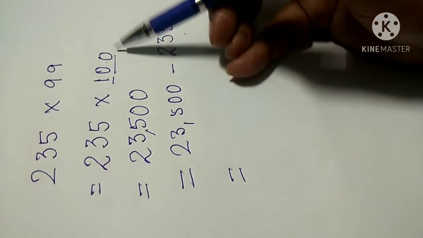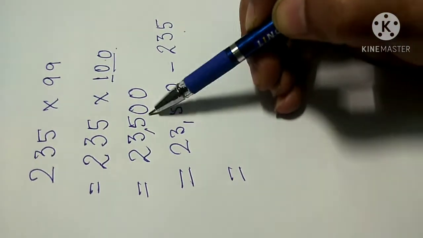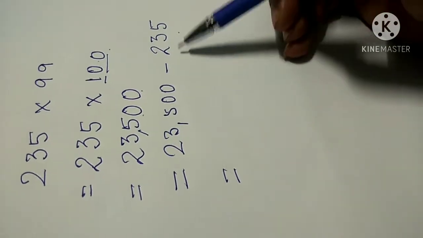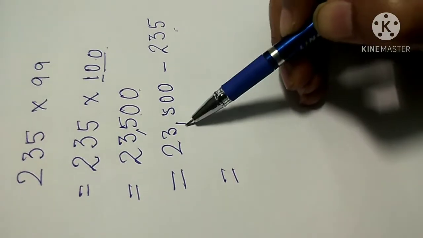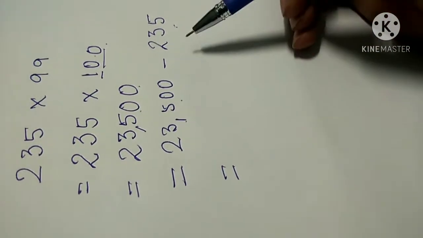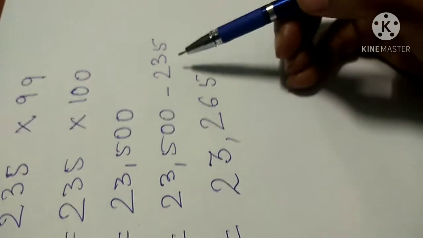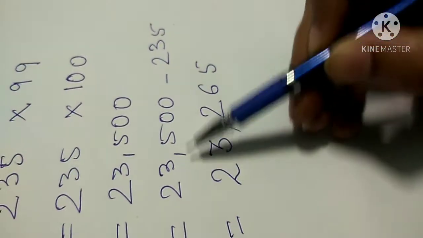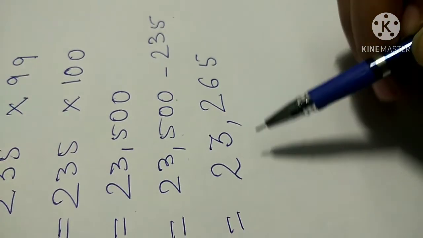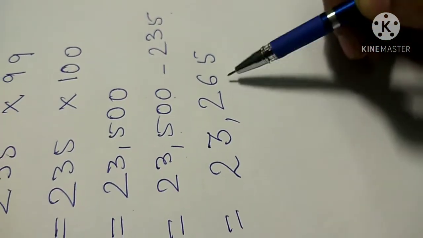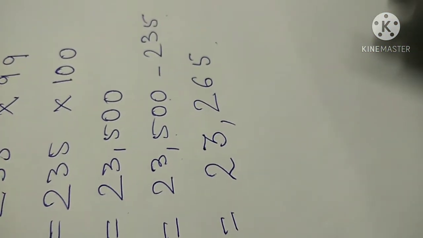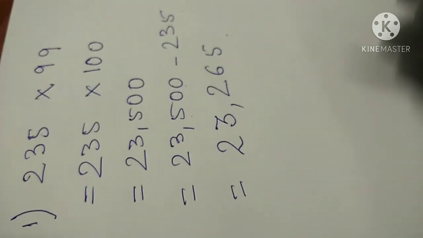So, multiplying by 100, first we got 23,500 and then subtracting 235 from 23,500 will give us the answer. Subtracting 235 from 23,500, we get 23,265. So wasn't this a quick multiplication method? Yes. So let us see another example.